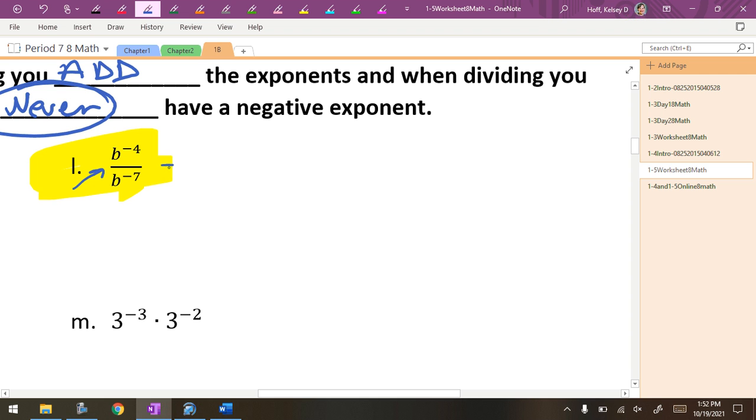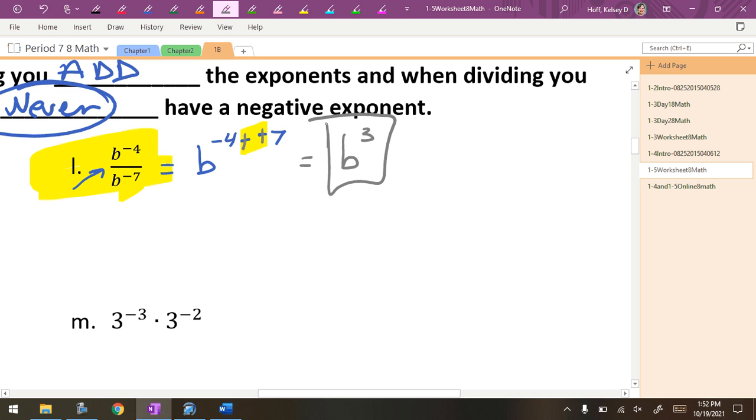Dividing. Keep your base, which is B. What do you do to your exponents? Negative 4 minus negative 7. Subtracting a negative really means you are adding a positive. So you have B to the positive or negative? Can I leave it? Yes.